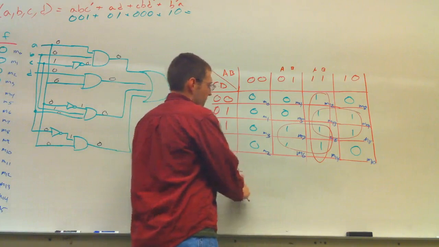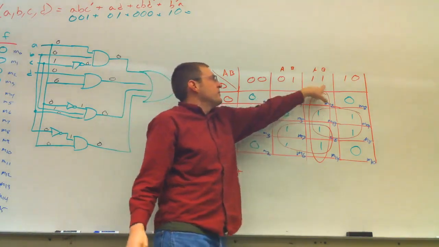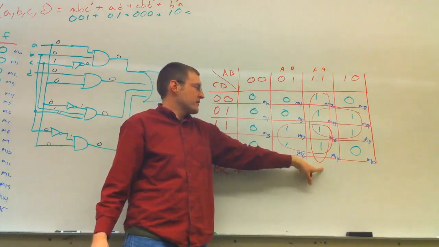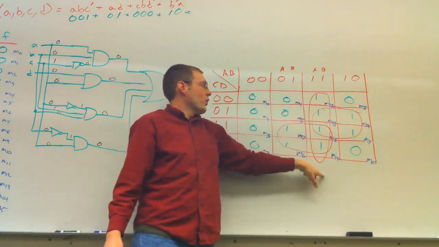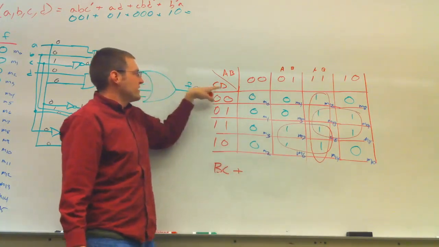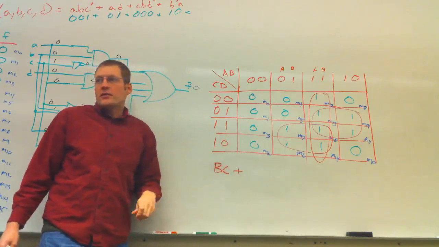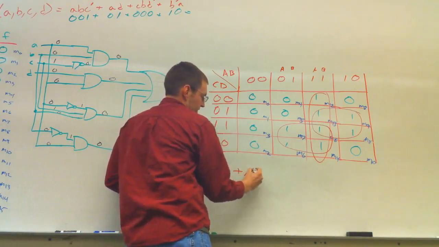And so I'm going to do the same thing over here. This grouping, you see that A and B, their output has to be 1, which is ANDing A and B together will be 1. And we see that C and D, it doesn't matter what value they are, the output's supposed to be 1. So we know this result here is AB.